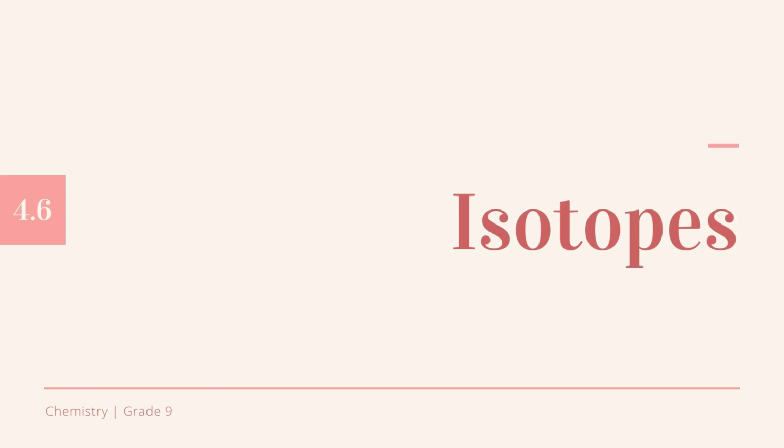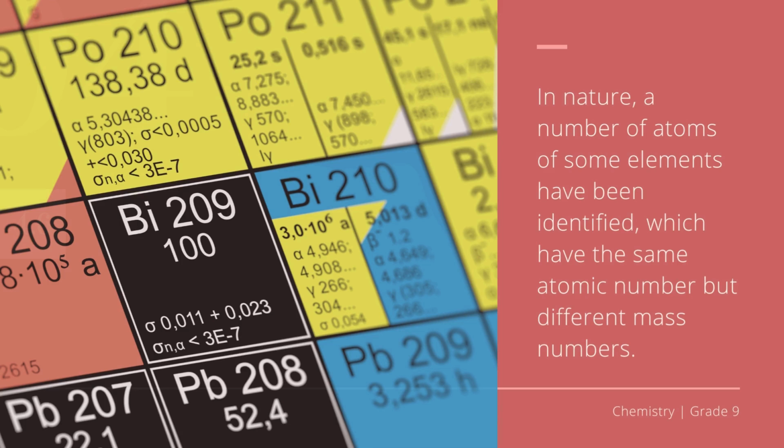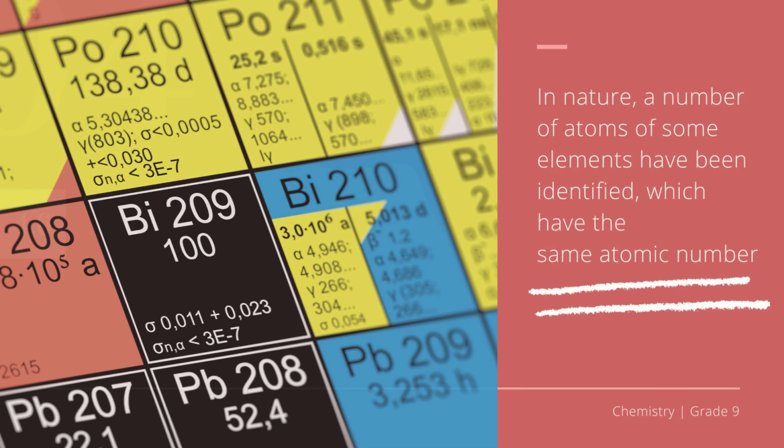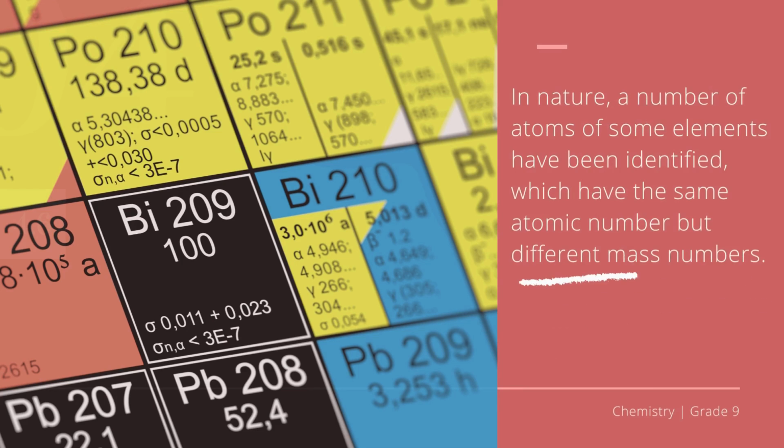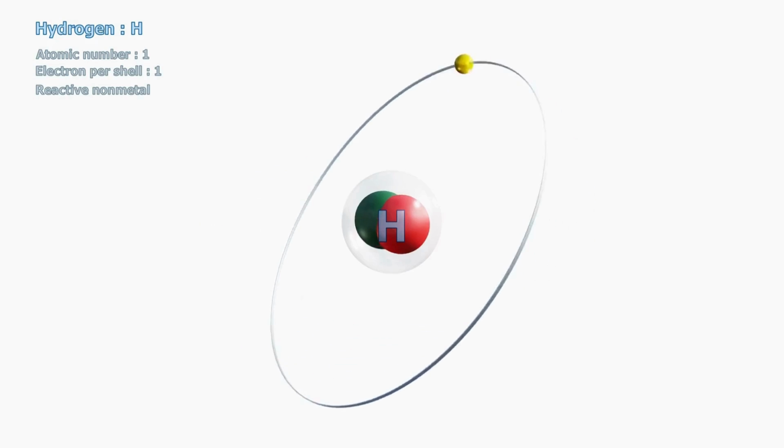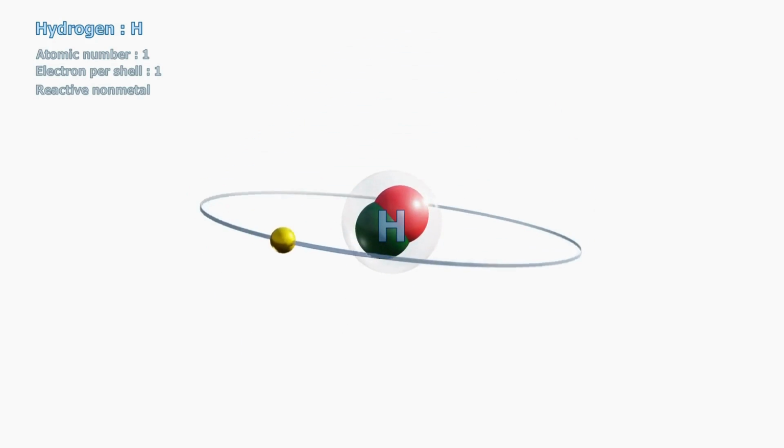Next is isotopes. In nature, a number of atoms of some elements have been identified which have the same atomic number but different mass numbers. For example, take the case of the hydrogen atom.